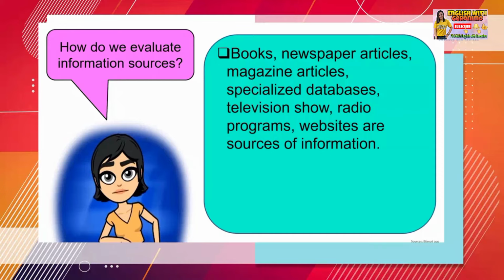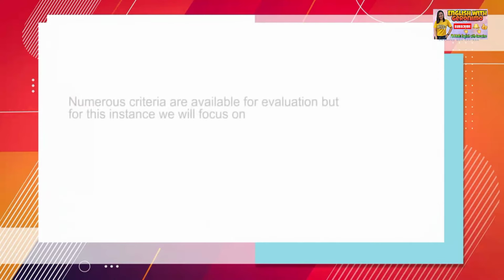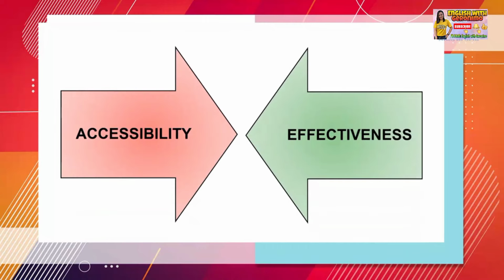Books, newspaper articles, magazine articles, specialized databases, television shows, radio programs, and websites are sources of information. As you examine each source, it is important to evaluate them to determine the quality of the information provided within it. Numerous criteria are available for evaluation, but for this instance, we will focus on accessibility and effectiveness.